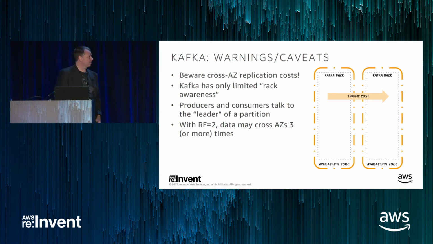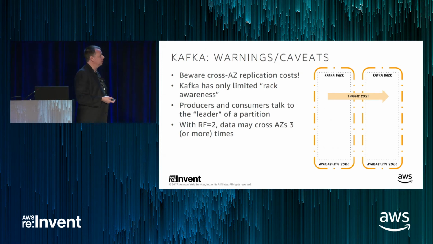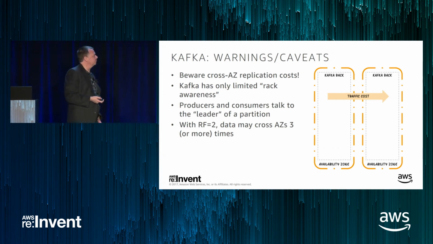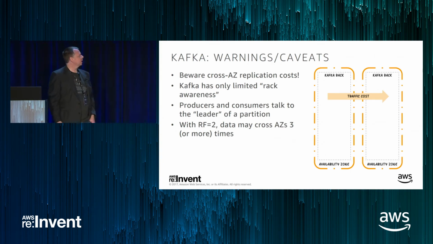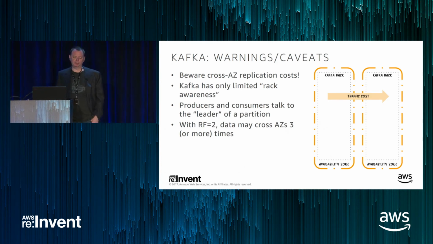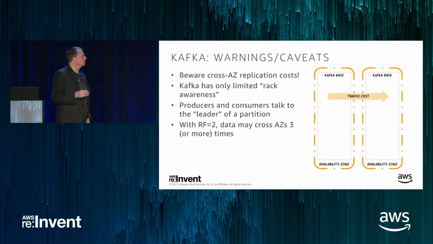Some caveats and warnings about Kafka. Something that we recognized recently that we hadn't really budgeted for was the cross-AZ replication cost in a large Kafka cluster. Kafka only has limited rack awareness. You can make sure that the second copy of your data is not in the same AZ as the first copy of your data. So if we lose an AZ, the Kafka cluster can keep on trucking, which is great.